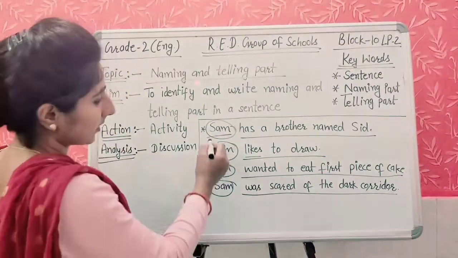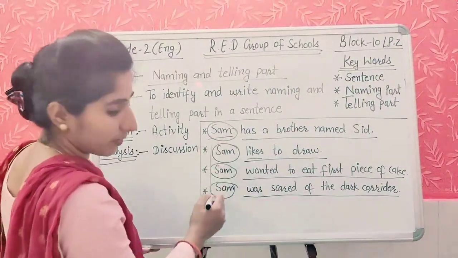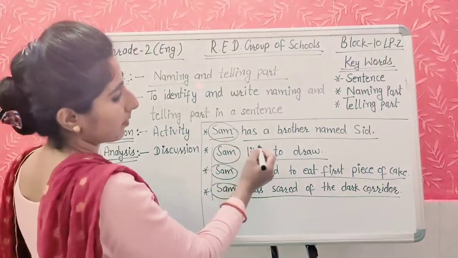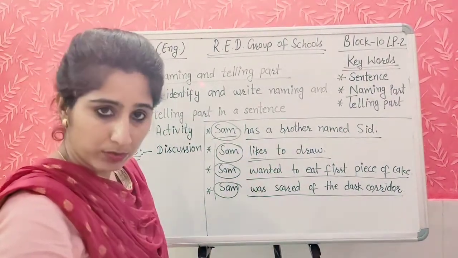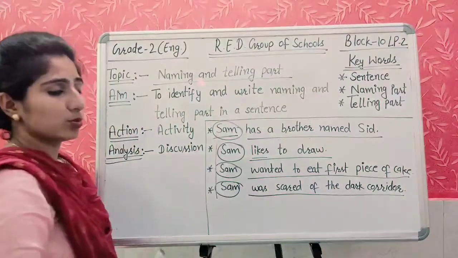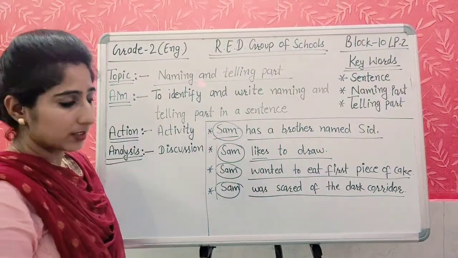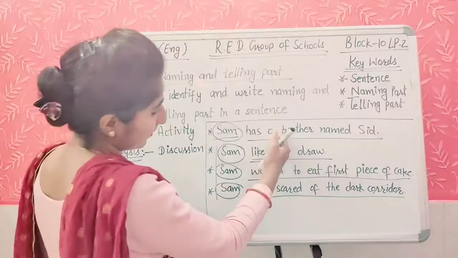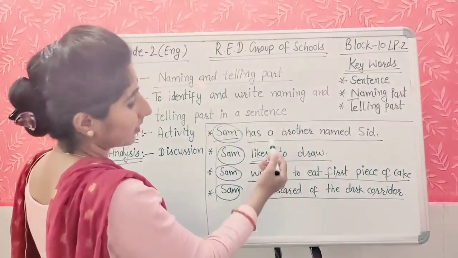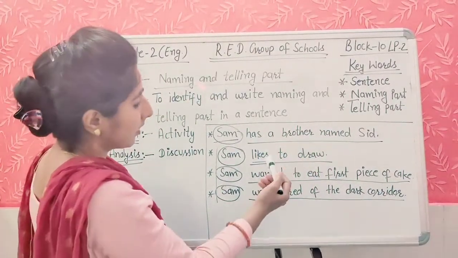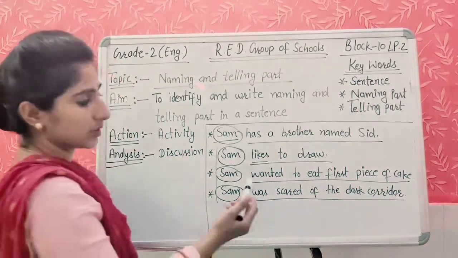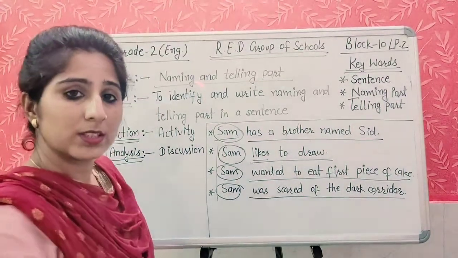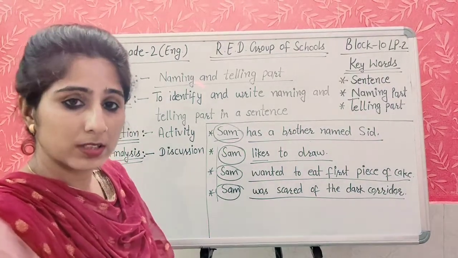And in the telling part there is a doing word, and the naming part usually comes at the beginning of the sentence. In these sentences the telling part has different doing words like has, likes, wanted, scared of. So these are the doing words. So these things are common in the sentences.